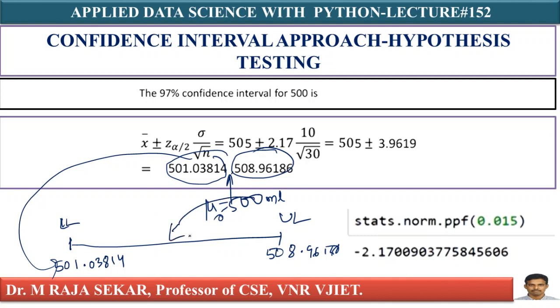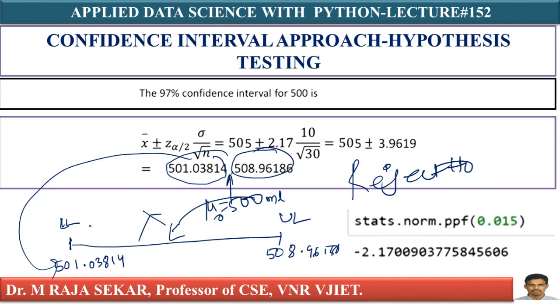What is my mu naught? Is it in between 501 point and the upper limit? No, it's not in between. If it is not in between, what do you have to do? I must reject H naught. That's the conclusion. Reject H naught in the sense, reject the null hypothesis. In this interval, we are not able to capture 500.